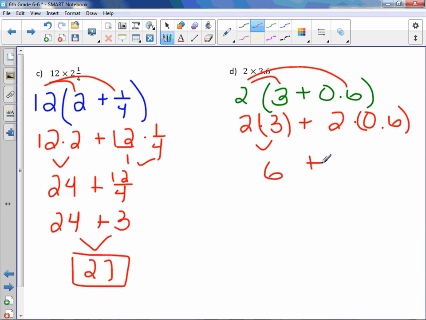Well, 2 times 6 is 12, 1 behind the decimal point, so 1.2. And 6 plus 1.2, remember, line up your decimals. 6.0 plus 1.2 is 7.2.